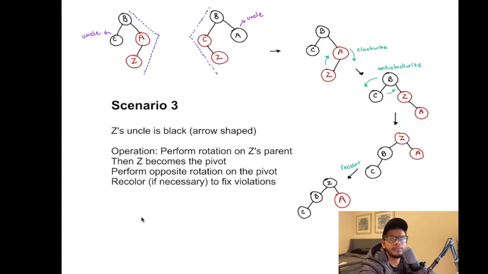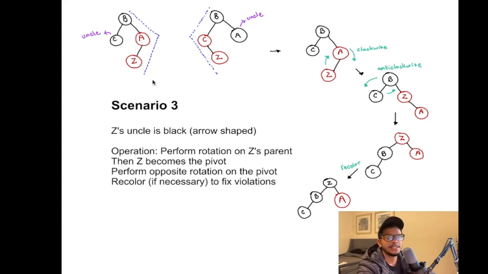This would be relatively more challenging to wrap one's head around. Sometimes when we try to insert the element Z, we see that the uncle of Z is colored black. But not only that, the arc of the red black tree is arrow shaped, or you could also say triangle shaped. When that happens, we are in scenario 3. The arc of the red black tree is very important to remember as well, because it's not always going to be arrow shaped, it can also be line shaped.